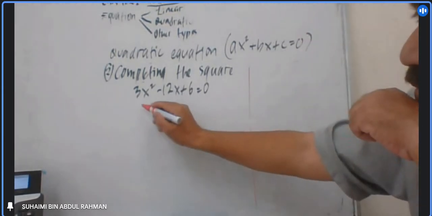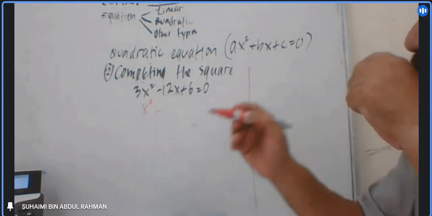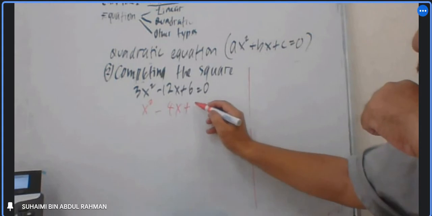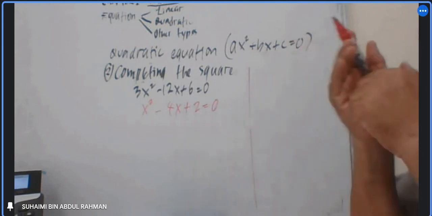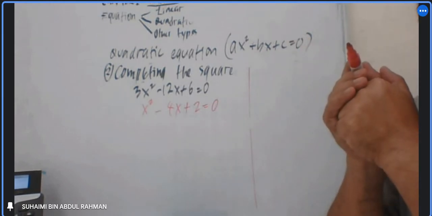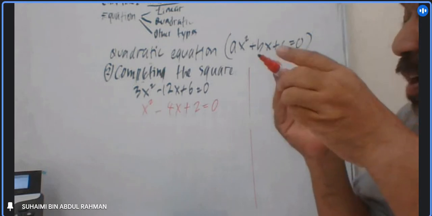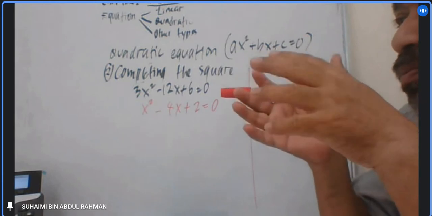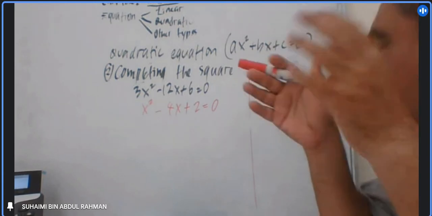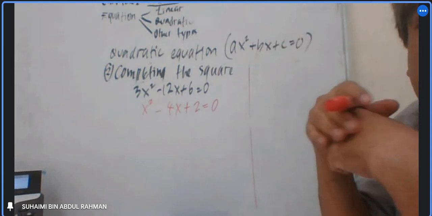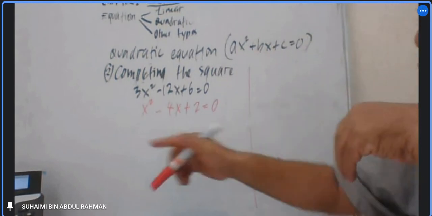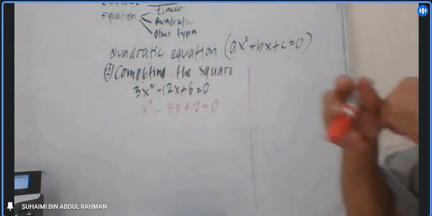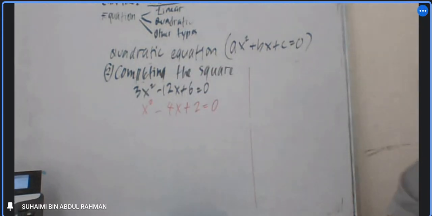So we have x squared minus 4x plus 2 equal to 0. By dividing by 3, in this case, even though we divide by 3, we don't have decimals. But if we have decimals, it does not matter. Go on, as long as the coefficient of x squared here is 1.